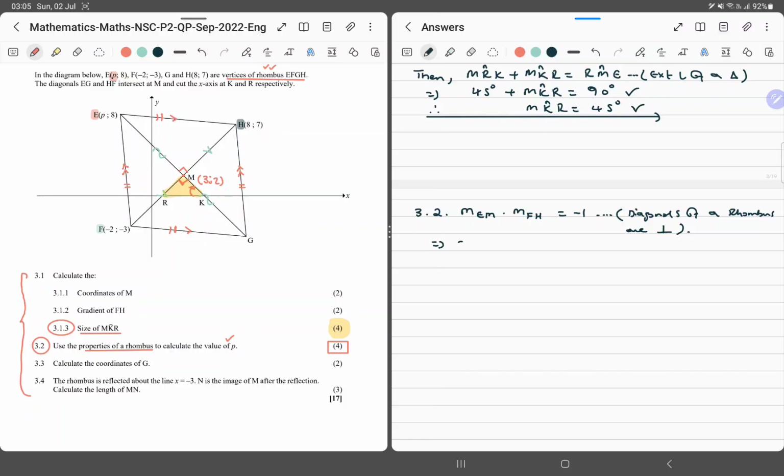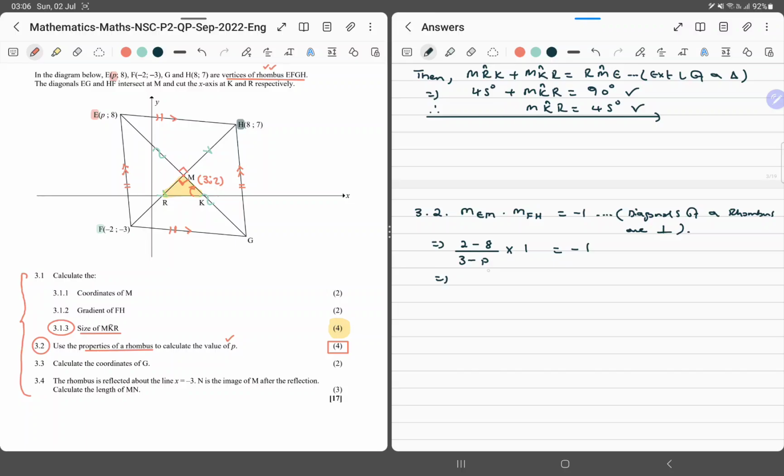We can just say this is going to be 3 minus P over 2 minus 8, okay? Now remember that gradient was a 1. This is 1 over 1 is equal to -1. Okay, that's easy. I can just put a 1 in there.